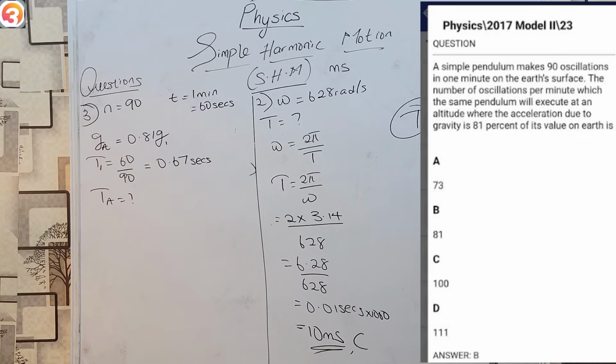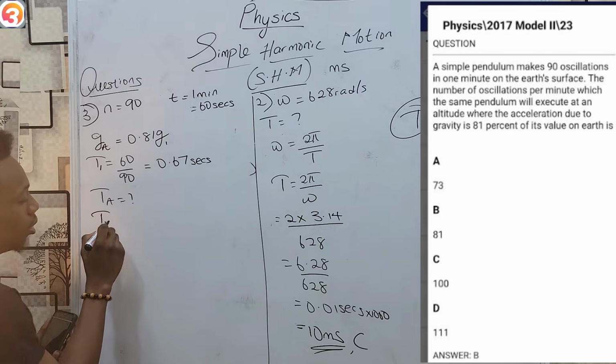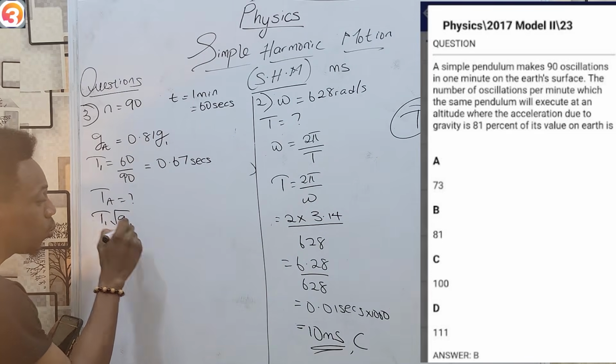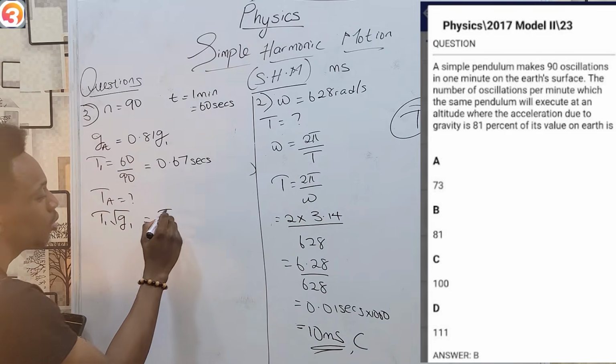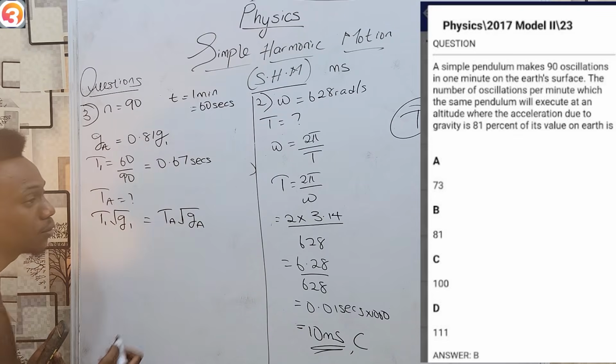It's really changing location. That means the only things I should be having here are T, a constant, and then this square root of G. And from this, I should be able to tell that T1 square root of G1 should be equal to TA square root of GA.